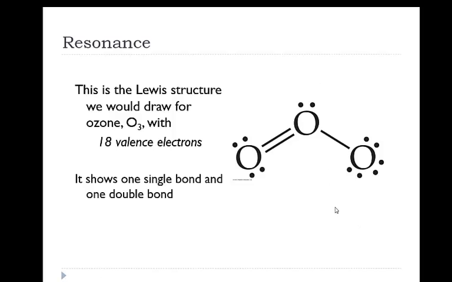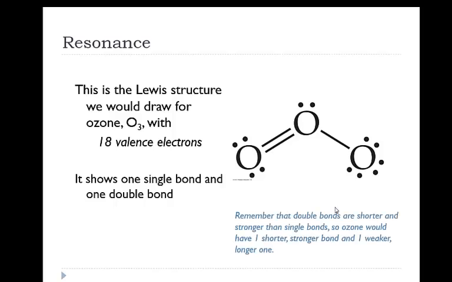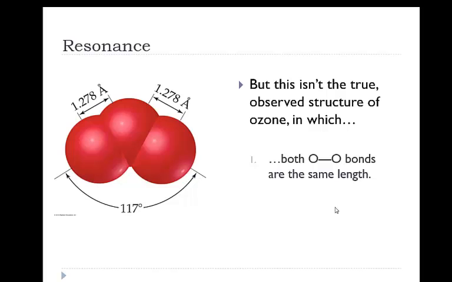There is 1 single bond and 1 double bond in ozone. Remember that double bonds are shorter and stronger than single bonds. If this were the structure of ozone, it would have one shorter, stronger bond and one weaker, longer one. But this isn't the true observed structure of ozone.